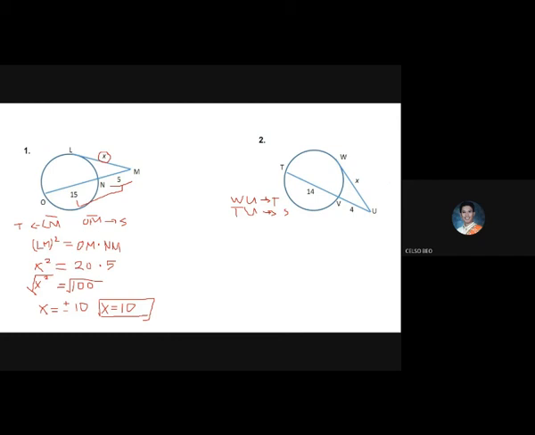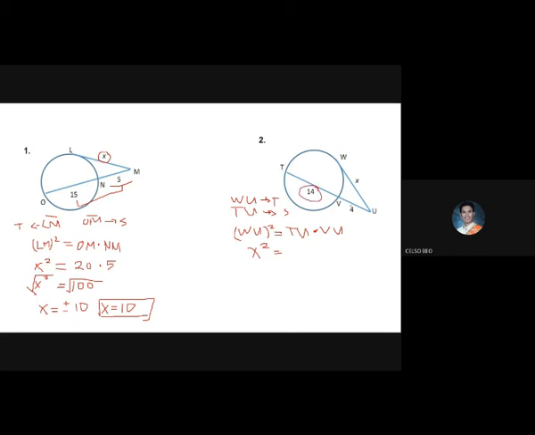Yung tangent natin na WU, the square of your tangent is equal to the product of your secant, which is TU, and its external secant, which is VU. So, yung WU natin is a variable, x, then squared, equals, yung value ng TU natin, so, ulit, i-add natin siya.